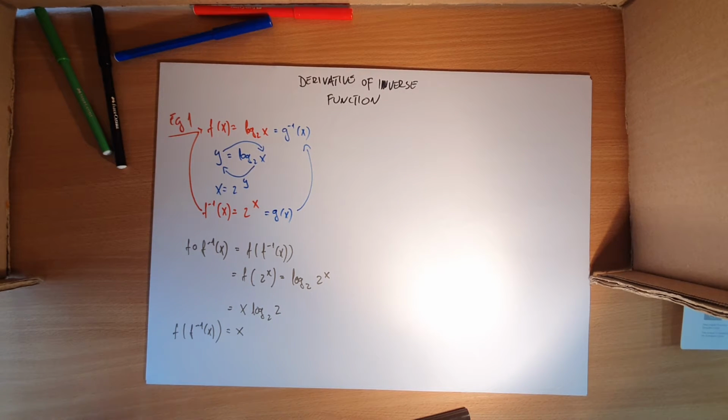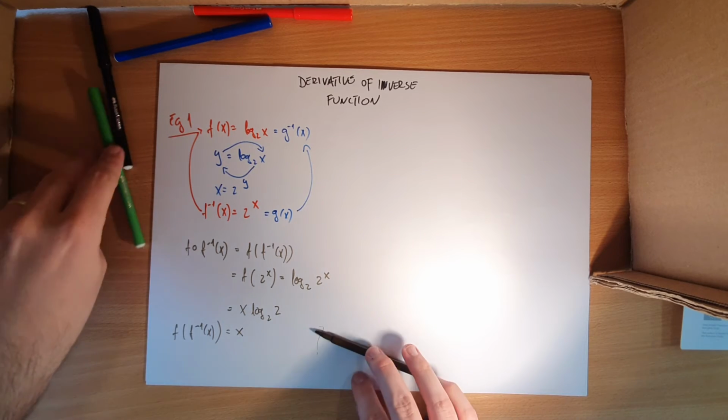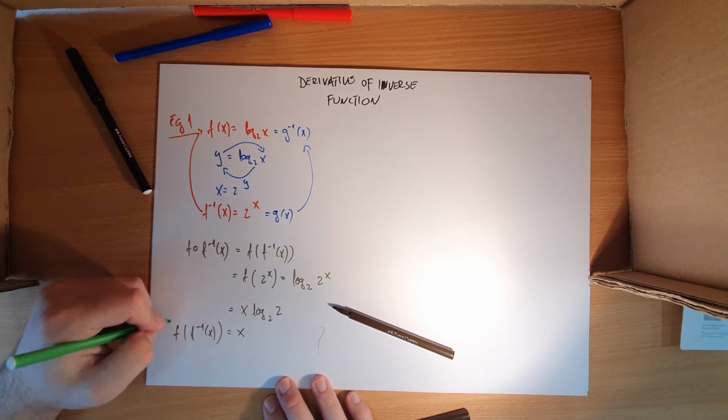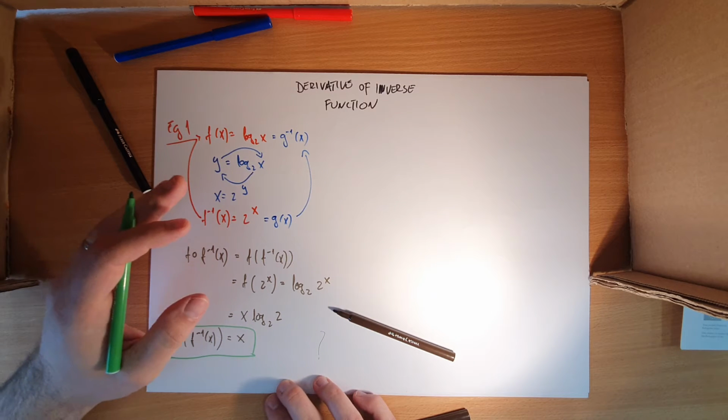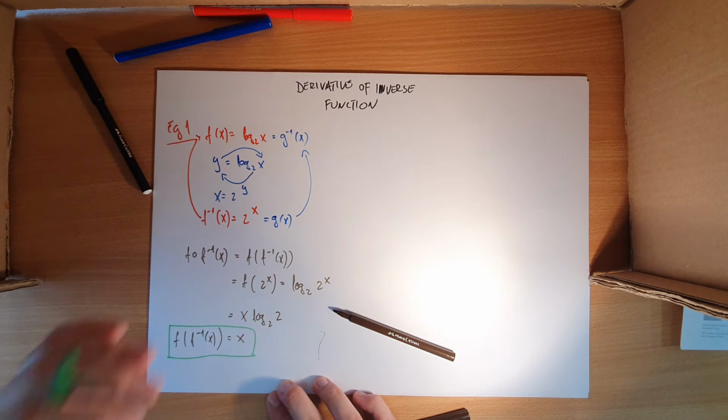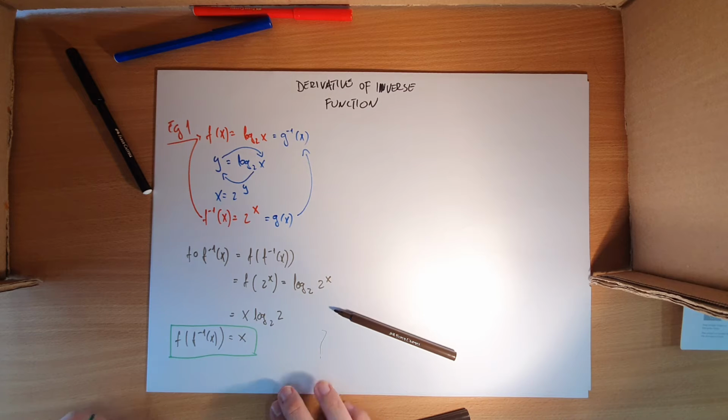And this will be equal to x for any two inverse functions. So the composite of two inverse functions is always going to be equal to x.